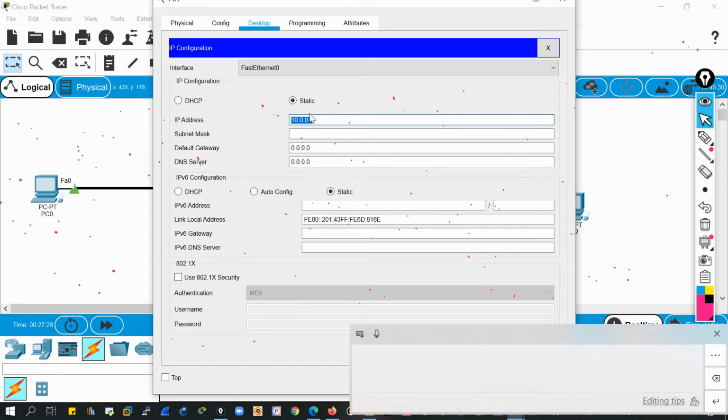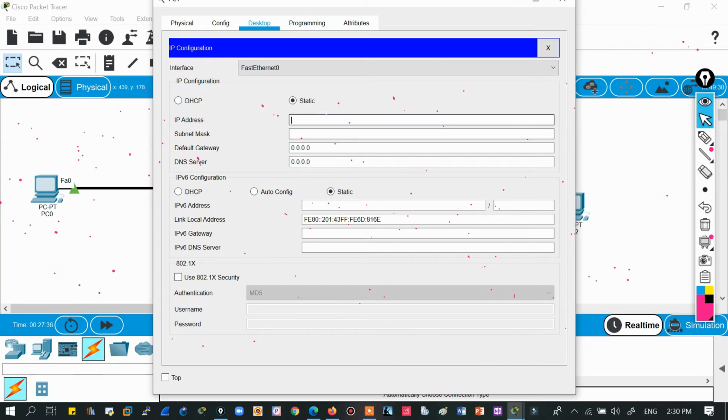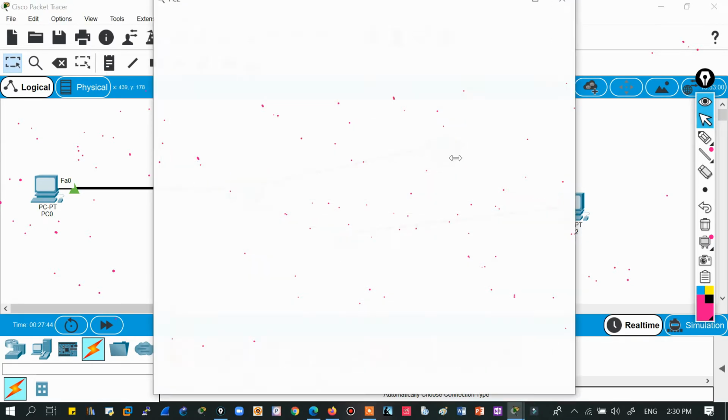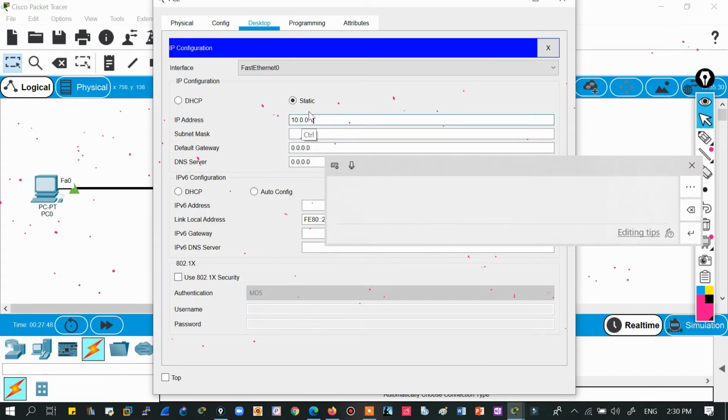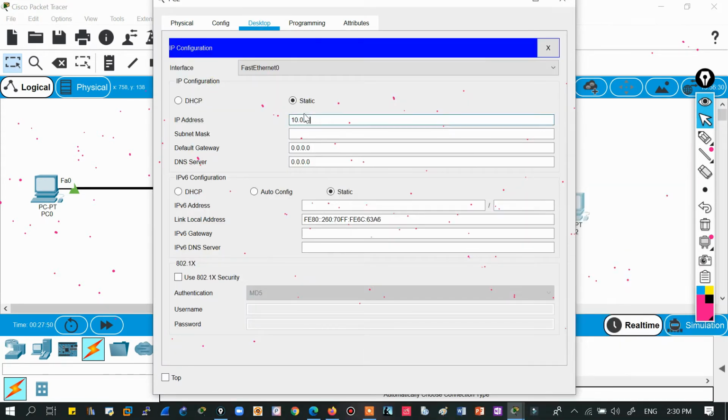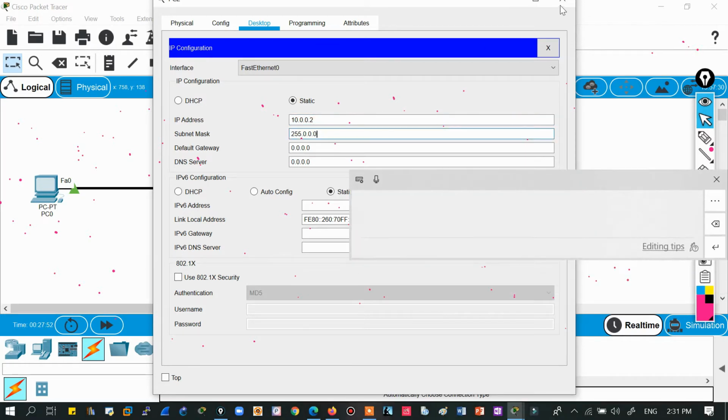The IP should be valid, like that. So 10.1 is here and 10.2 is here, right?